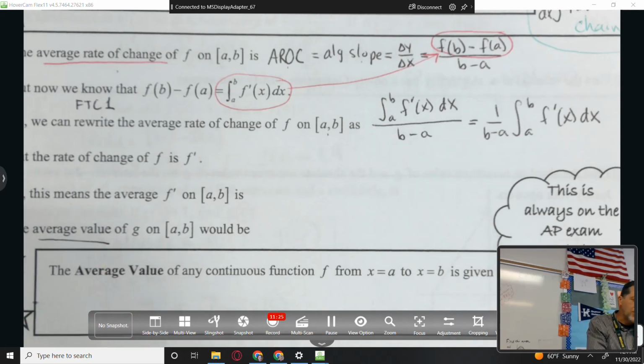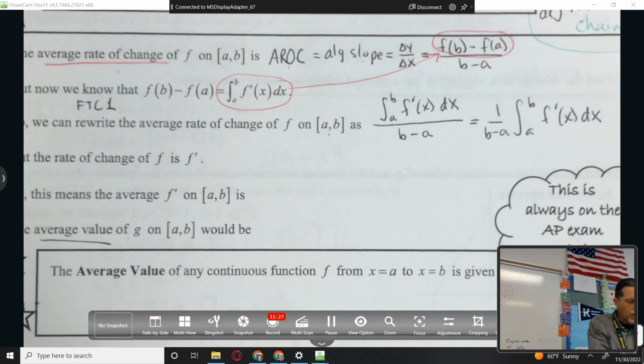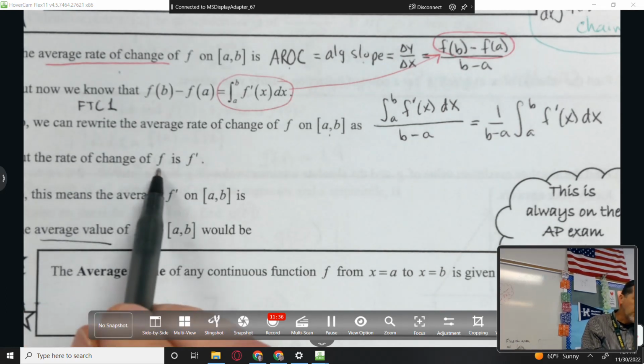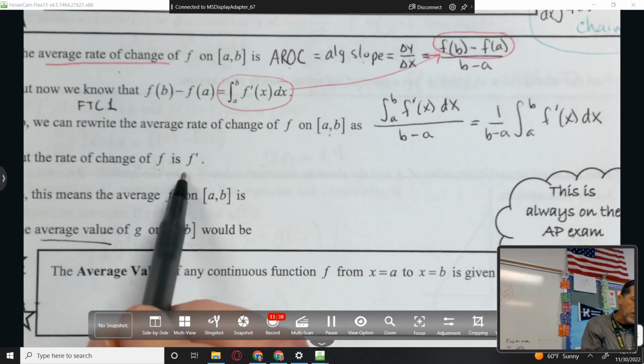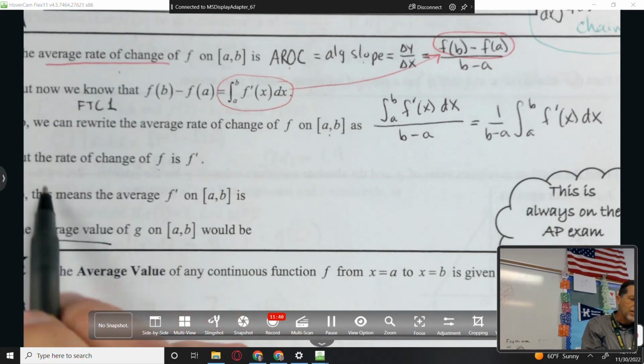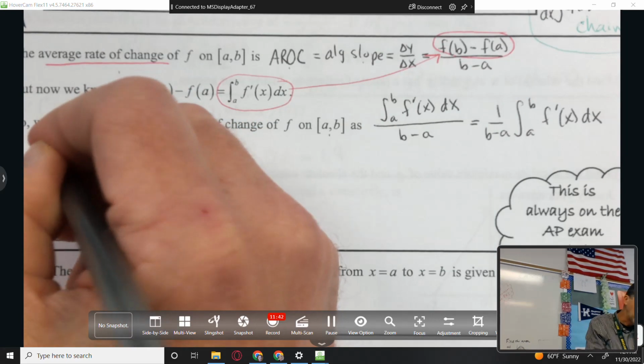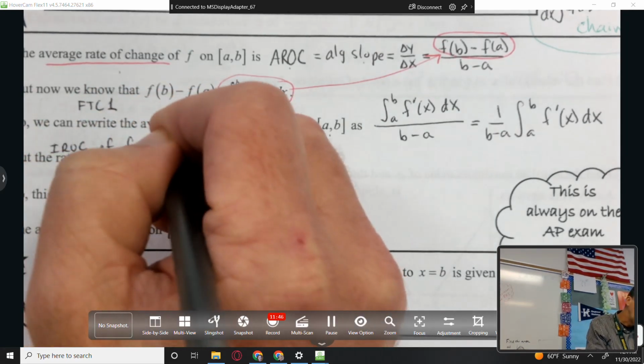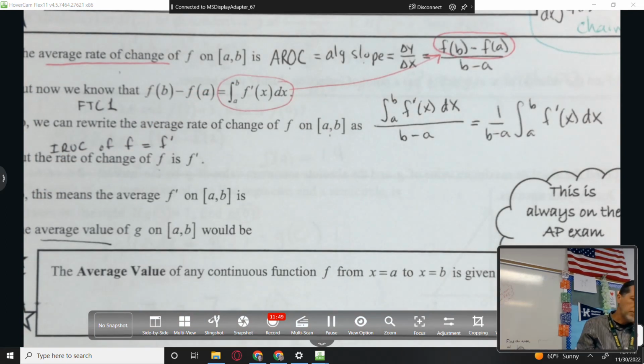Okay, so now we get to some words. We're going to do some word substitution here. The rate of change of f is f prime, right? That's what f prime means. The instantaneous rate, the IROC of f, equals f prime.